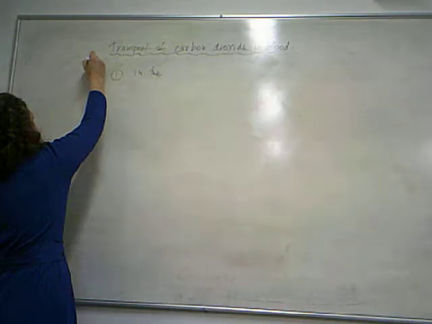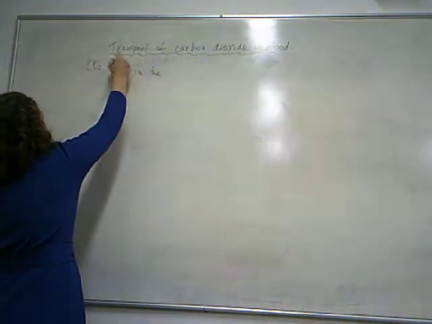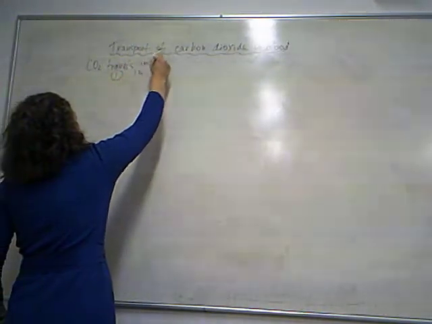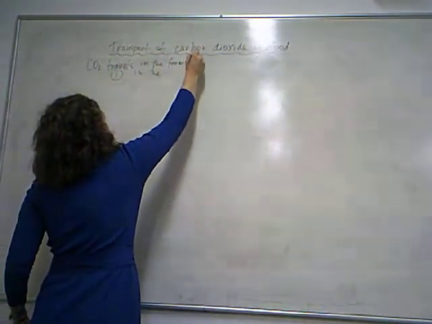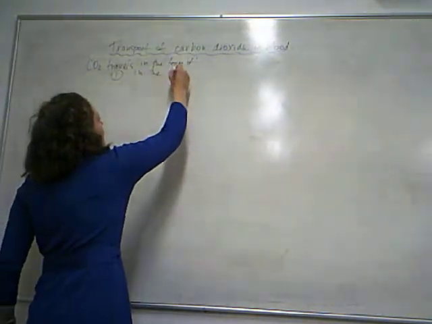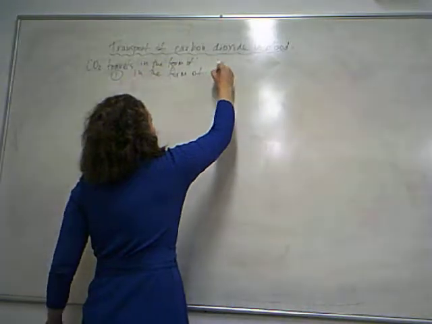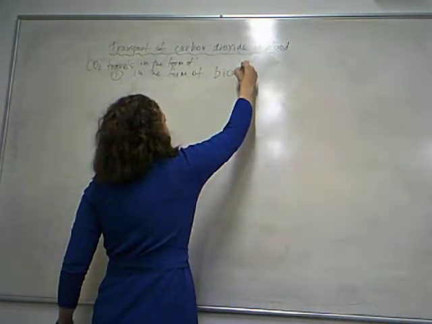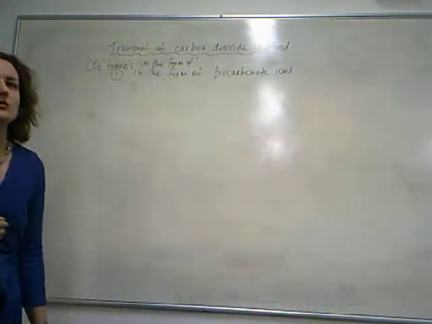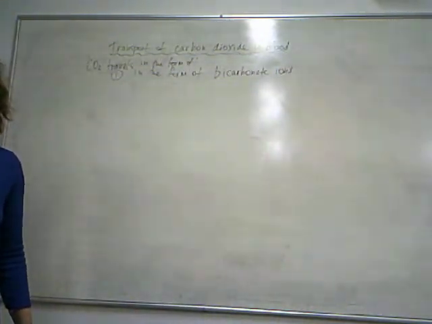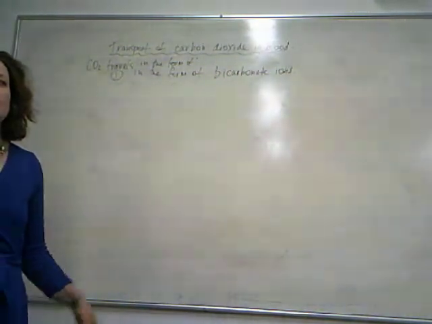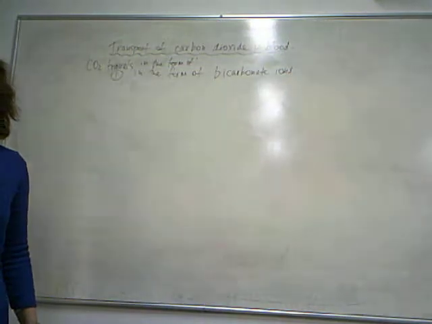So CO2 travels in the form of bicarbonate ions. Okay, that's your first method. So the majority of carbon dioxide is going to be traveling in that form.